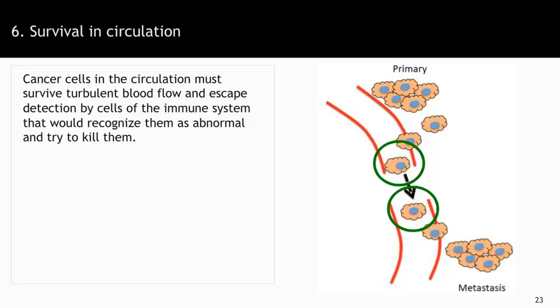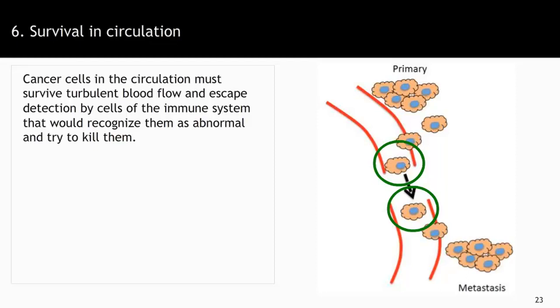You can see why Dr. Fidler felt that successful metastasis was a stochastic event, as many cells are killed in the circulation as they try to survive the turbulence. Imagine a cell going through the heart. It would really be the equivalent of a human being going over Niagara Falls with no barrel. It's very hard to survive that kind of turbulent flow.